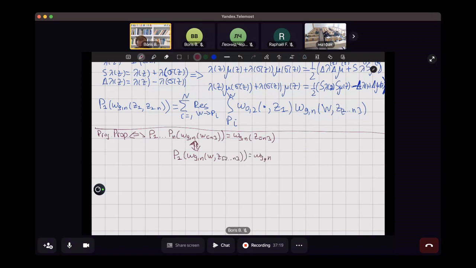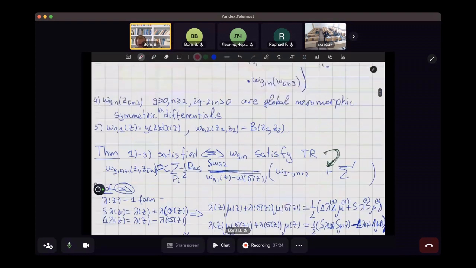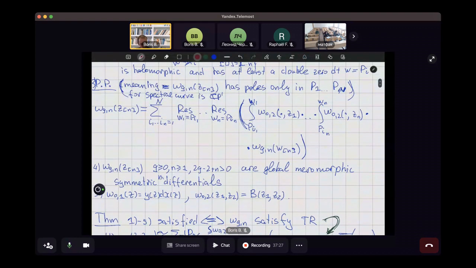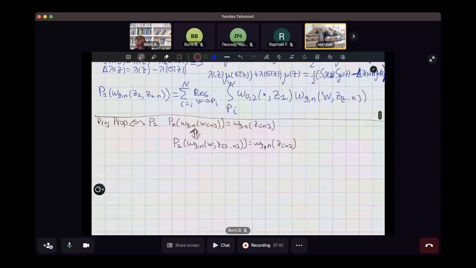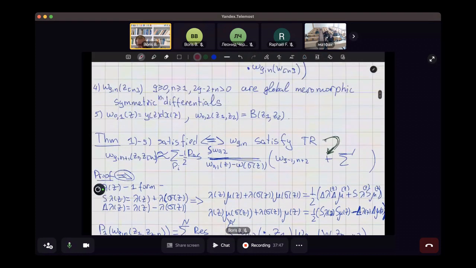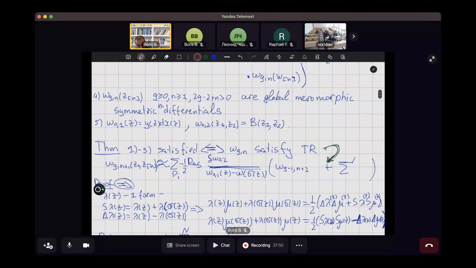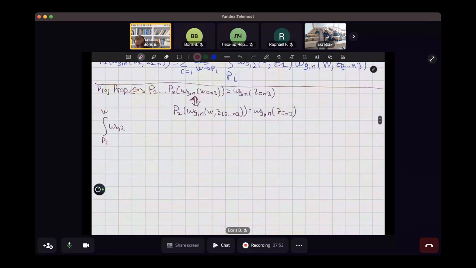Okay, so let's look at this expression, and what's the easiest way? Let's rewrite this integral of omega 0,2, from pi to w, of z1.